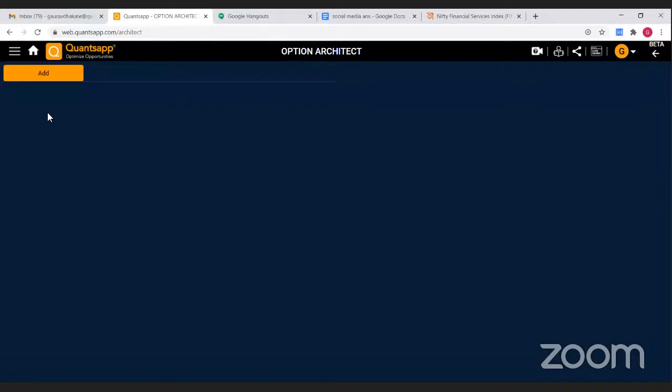But here we're going to see how you can make it, how you can see the option Greeks, the payoff diagram, and do the scenario analysis. Then how you can modify your strategies. Suppose you've made something and you want to modify your strategy, how you can add or delete the legs. So we'll start. First we have to go to the add button.